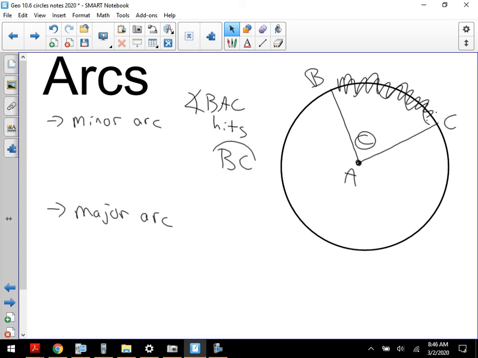Okay? Now, minor arcs are going to be arcs that measure less than 180 degrees. All right. Minor arcs usually have 2 letters. Okay?